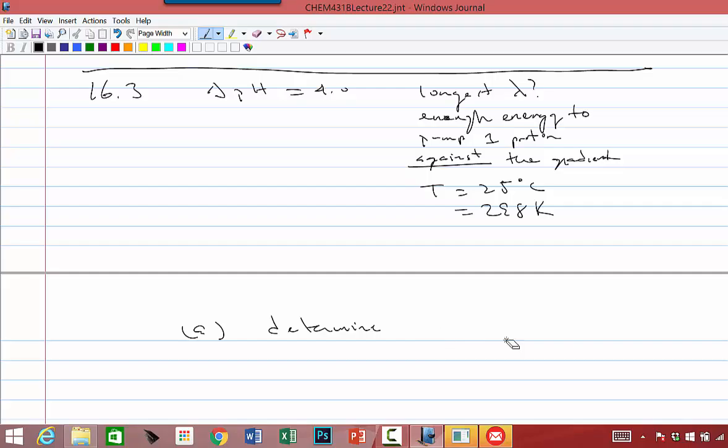Can't even read my own writing. Okay. I determined the free energy, in other words, the delta G, per proton to move a proton across the gradient.